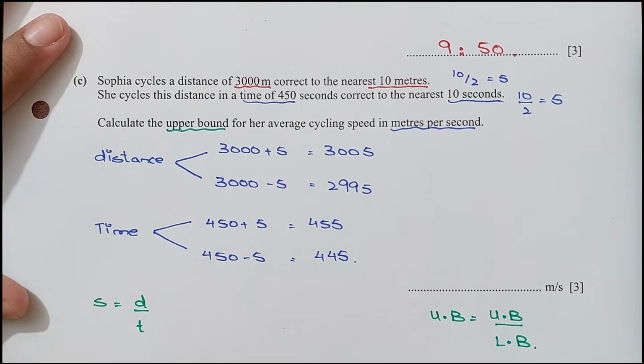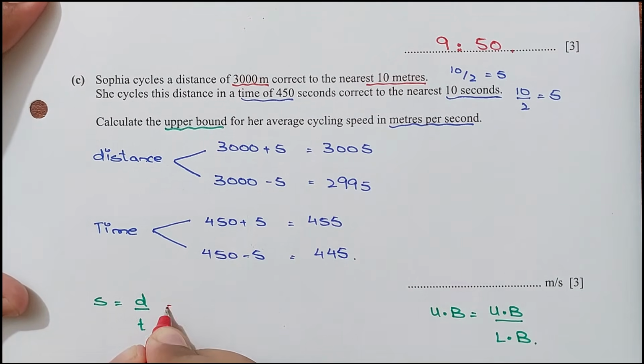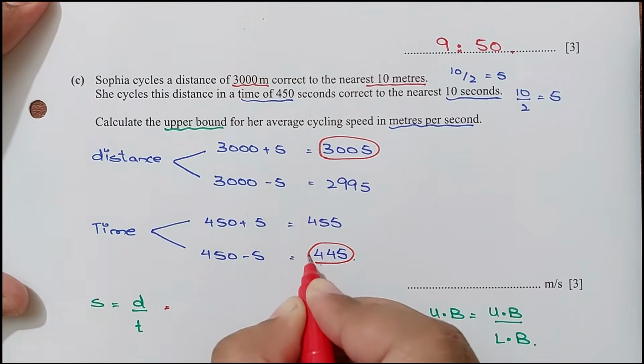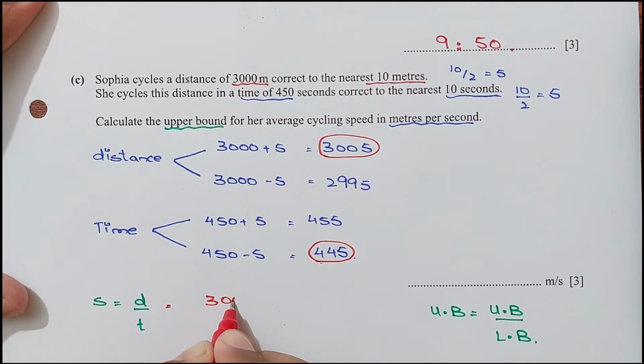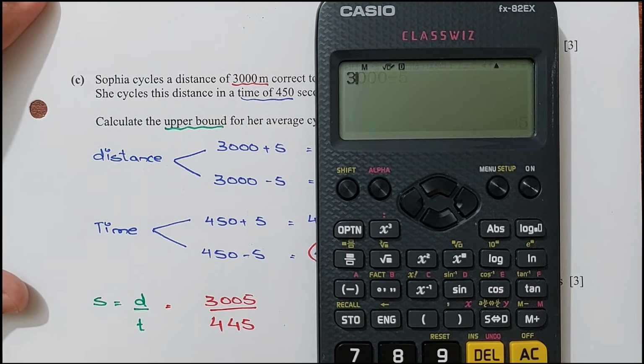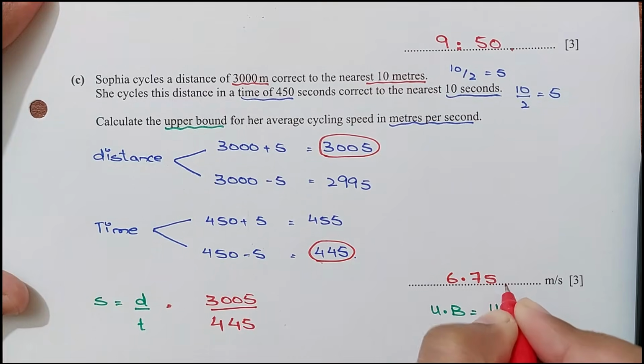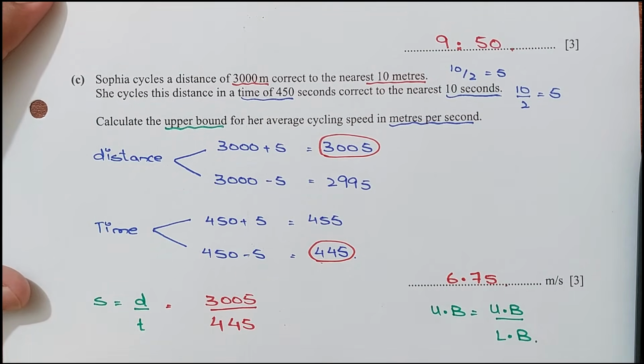So let me use the upper bound of numerator. Upper bound of distance is this and lower bound of time is this. So 3005 divided by 445. 3005 divided by 445. This is 6.75 meter per second, is the upper bound for average speed.